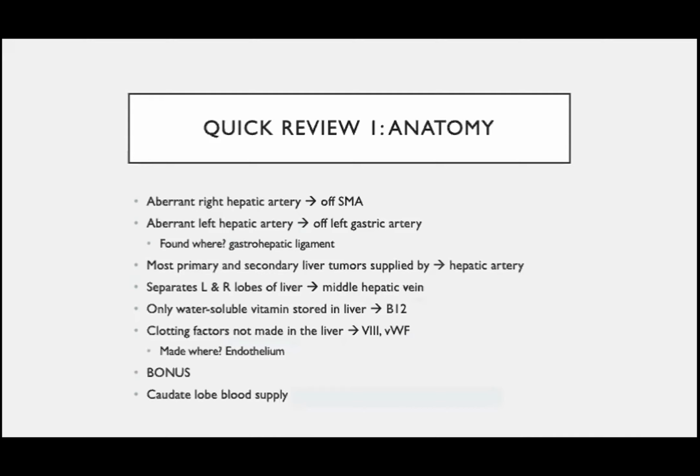What is the blood supply for the caudate lobe? I didn't specifically say this, but if anyone knows. Left and right hepatic. Yes. IVC. I heard a yes. Well, right and left hepatic, what? I said vein. Close. No. Portal vein and right and left hepatic arteries.